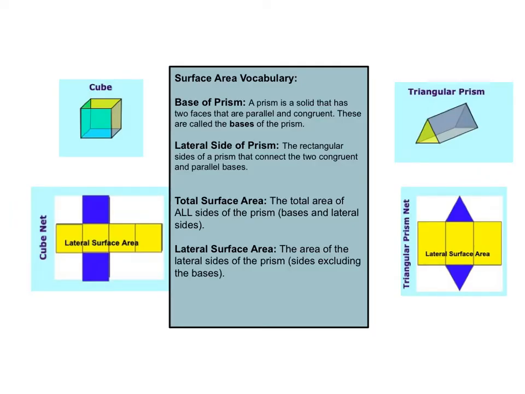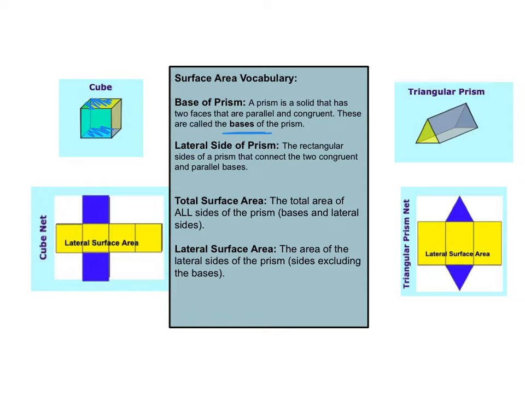Let's take a look at some of the key vocabulary that we will be using when we find lateral surface area and total surface area of prisms. A prism is a solid that has two faces that are parallel and congruent, and these are called the bases of the prism. If we have a cube, I'm just going to shade in what you would call the base.